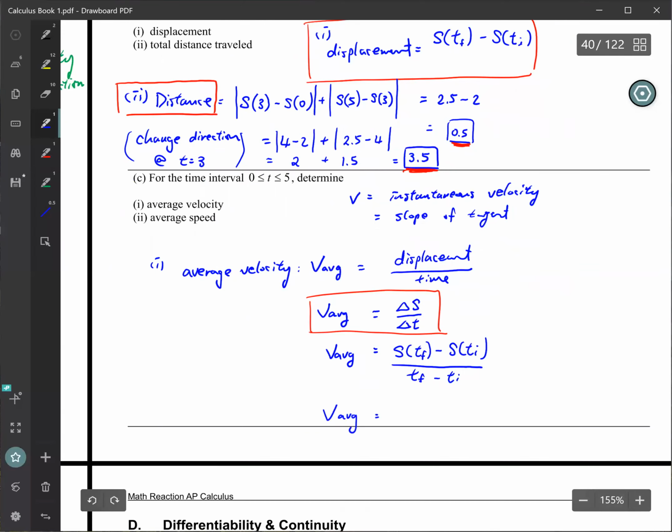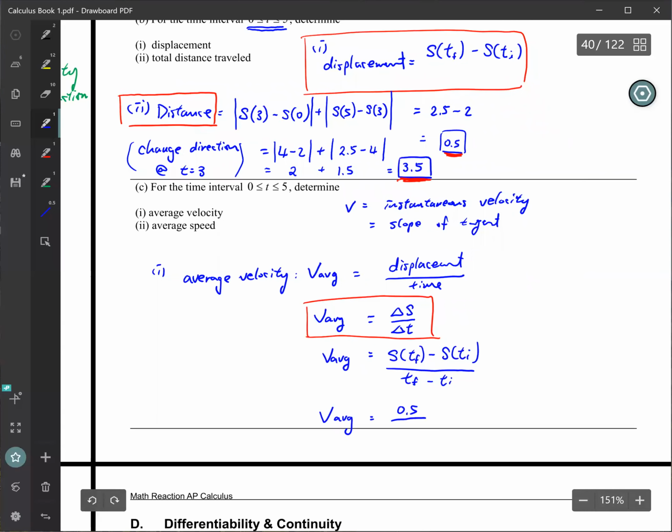So in this example, it will be displacement, we got 0.5, right? Over the time. What's the time interval? Anybody? What should we divide? 5 seconds. Yeah, 5 seconds, right? Because it's saying 0 to 5.